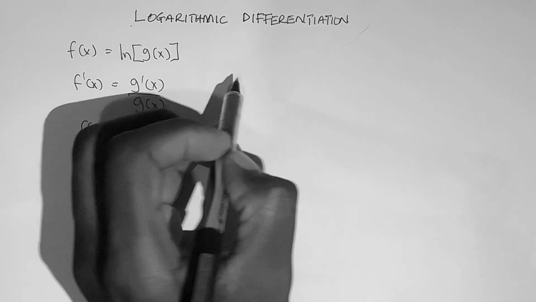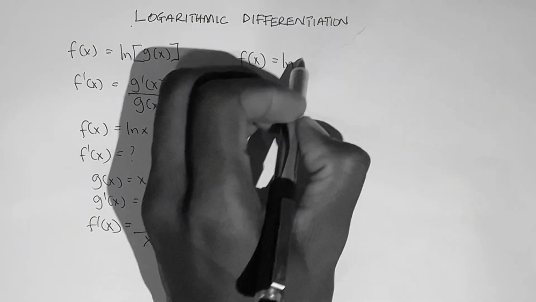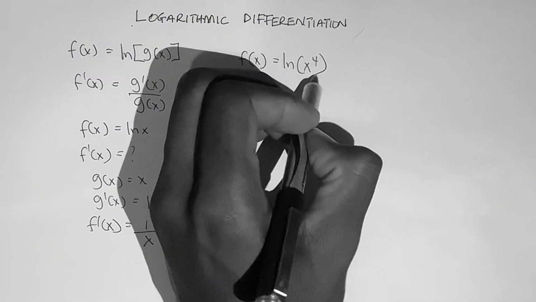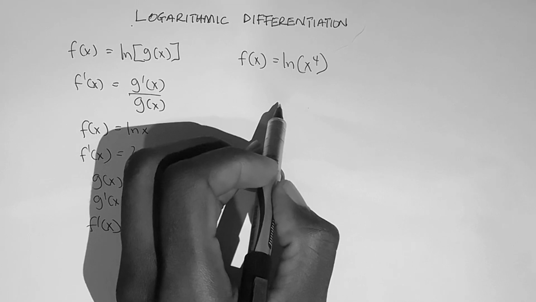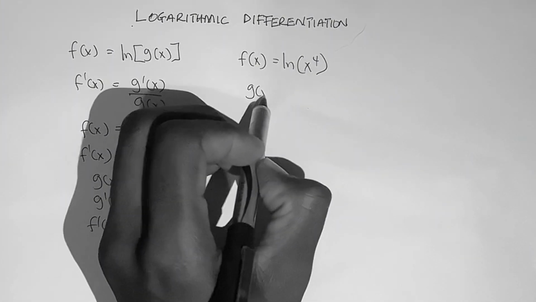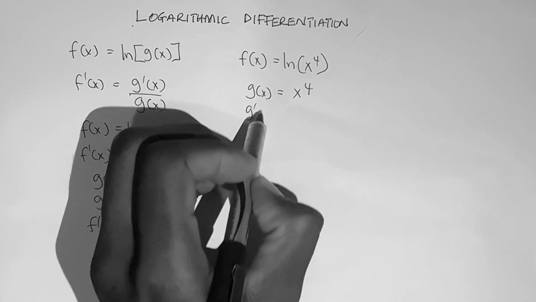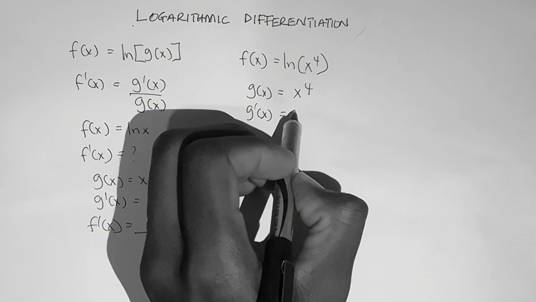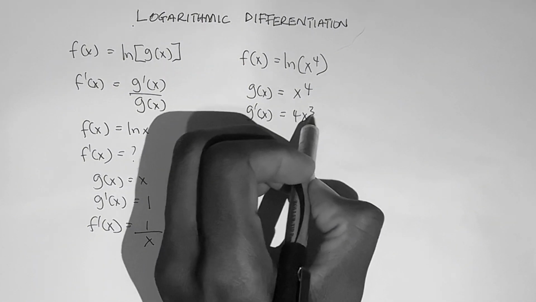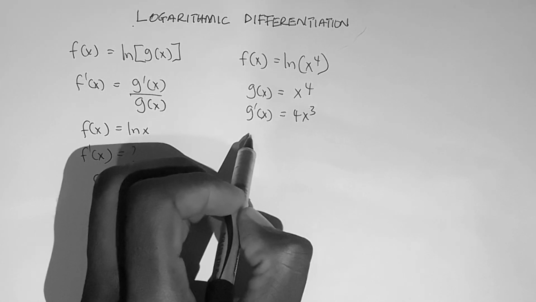Now, let's assume that f of x is equal to ln of x exponent 4. What is f prime of x? So in this case, you see that g of x is equal to x exponent 4. So g prime of x is equal to 4x cubed. Now, having found g prime of x, let's put it in the formula.